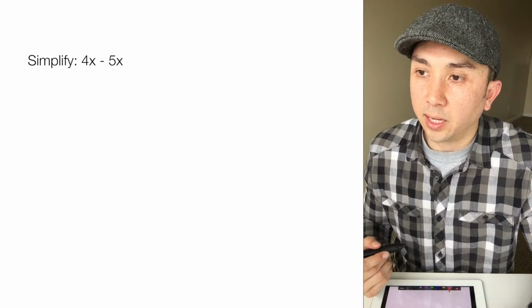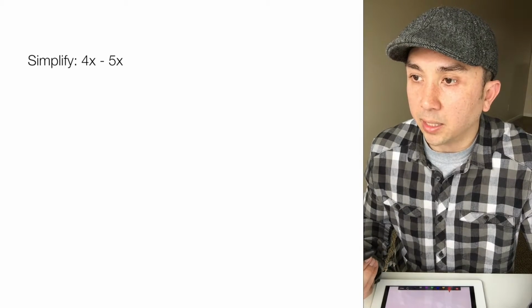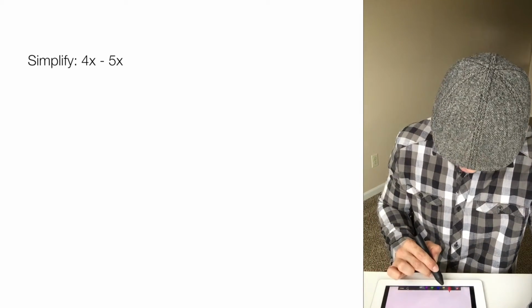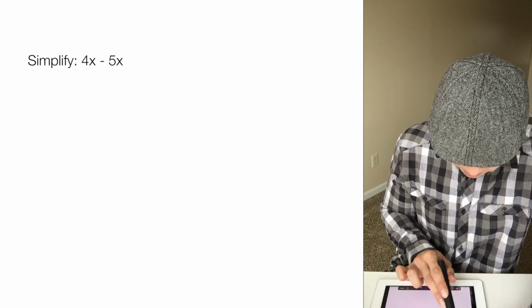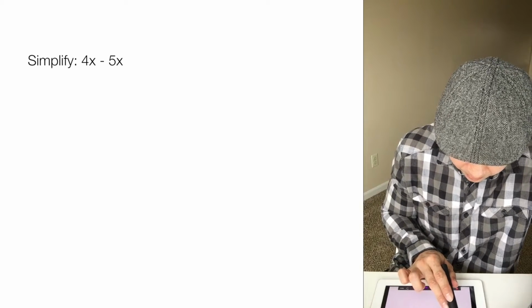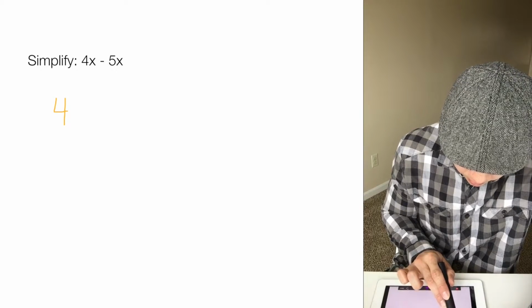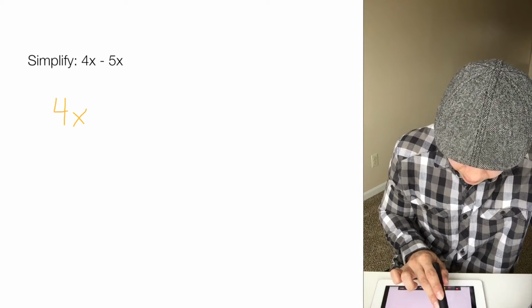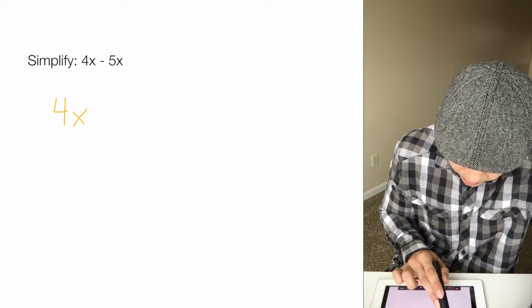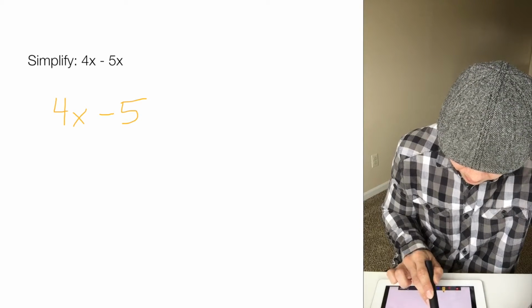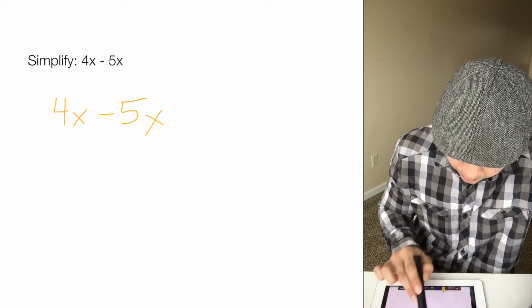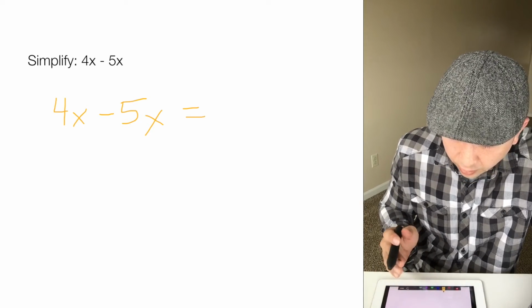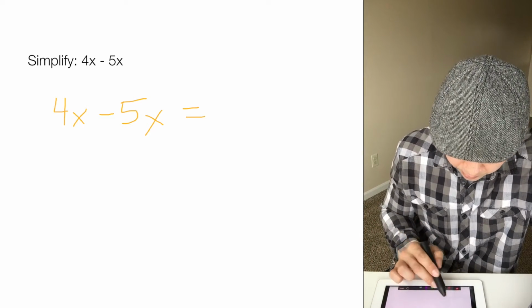Now let's simplify 4x minus 5x. Well, we know that any number that's being subtracted is the negative inverse of that number.